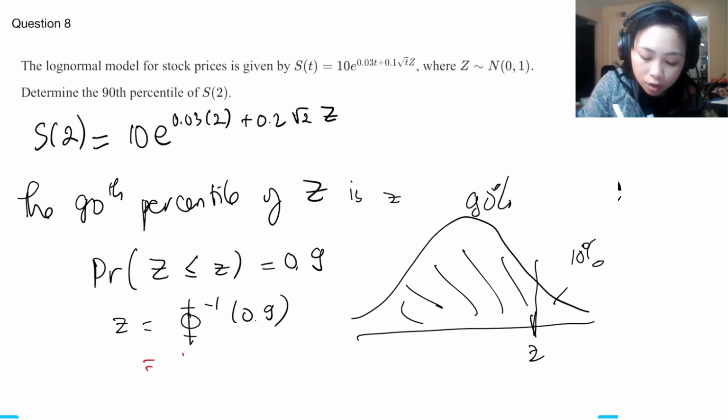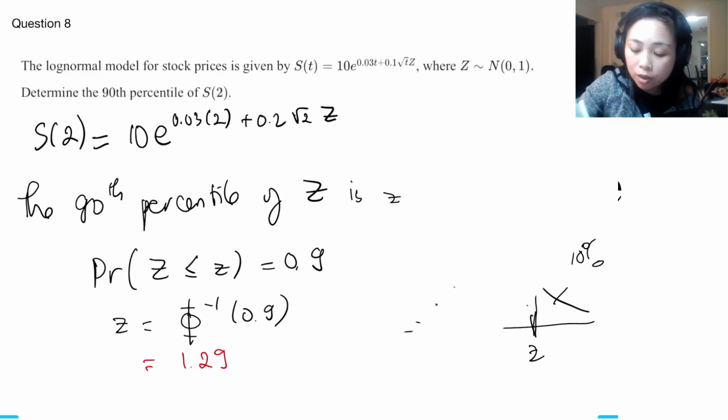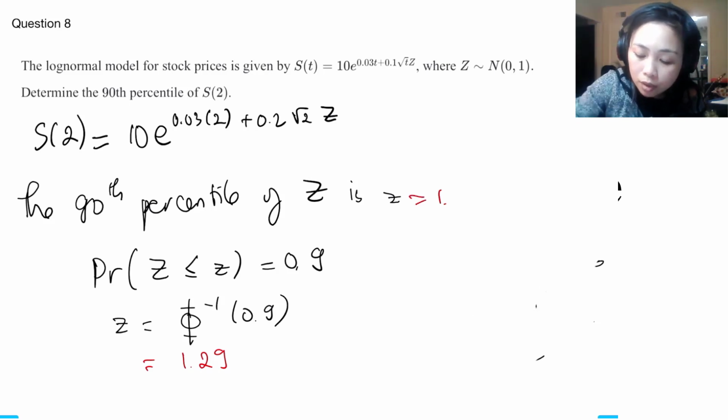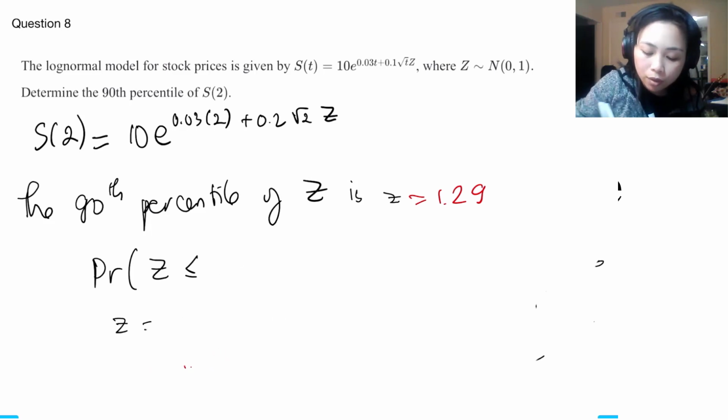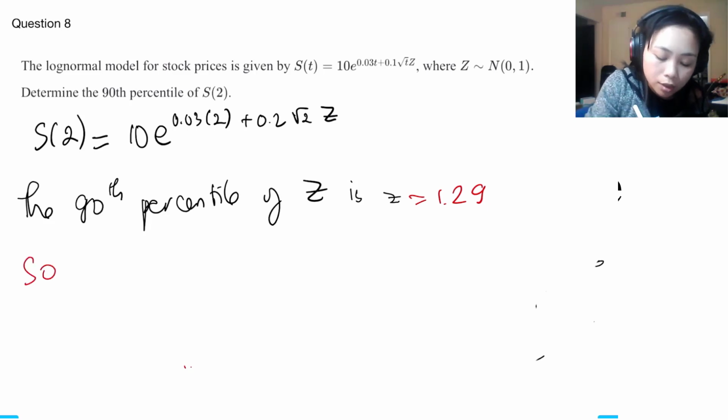So plug it in, we got what? We got 10 times e to the 0.06 plus 0.02 times square root of 2 times 1.29, and we got 26.59. Oh, I think I got it wrong. Excuse me.